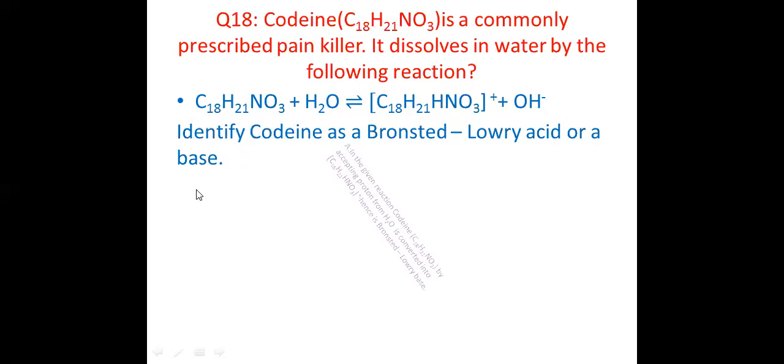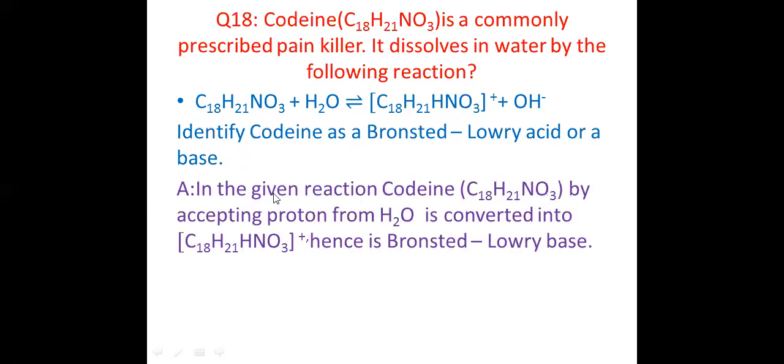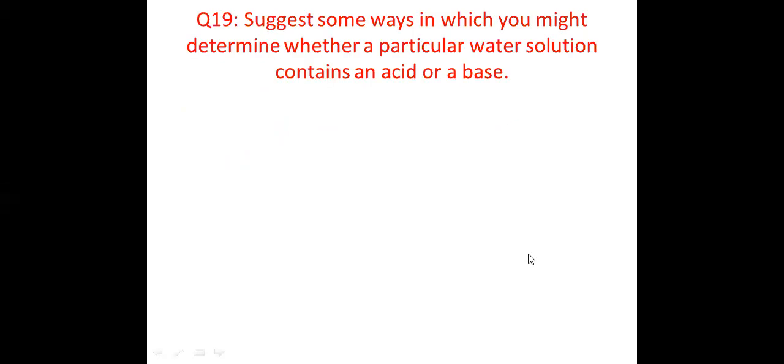So from the reaction, it is clear that codeine, by accepting a proton from water, is converted into codeine ion, hence is a Bronsted Lowry base.